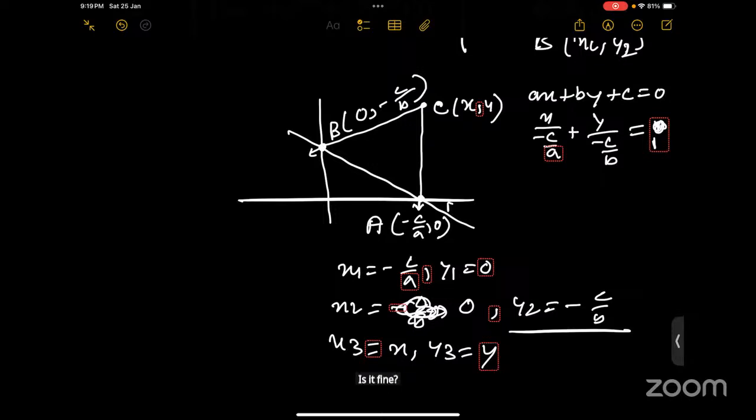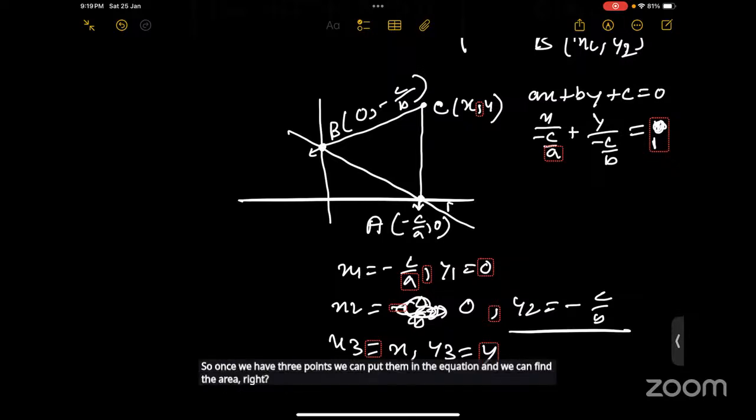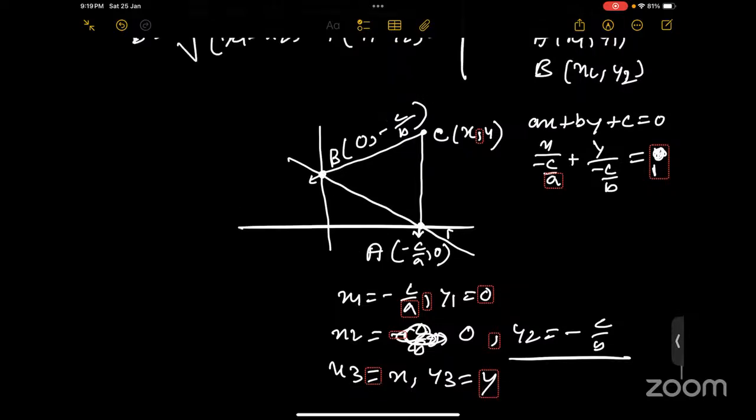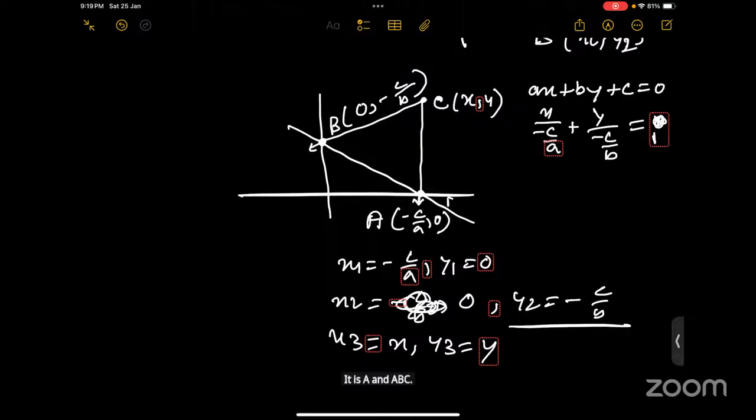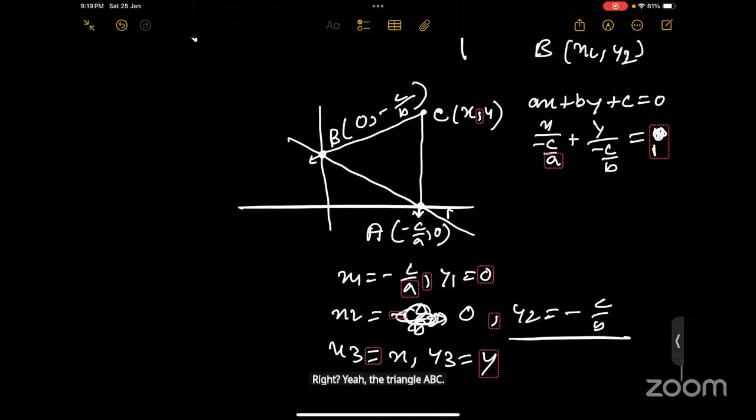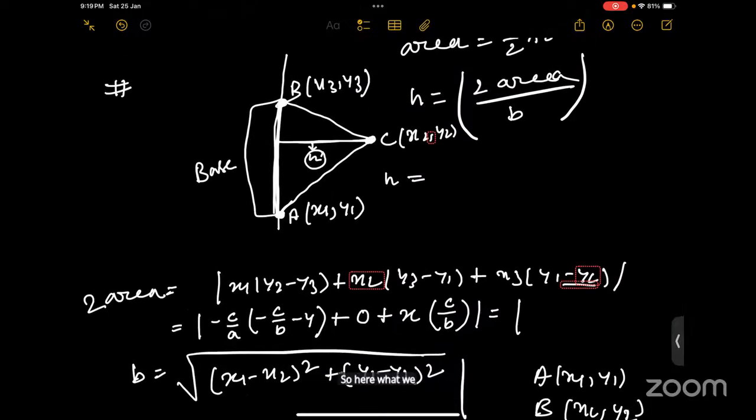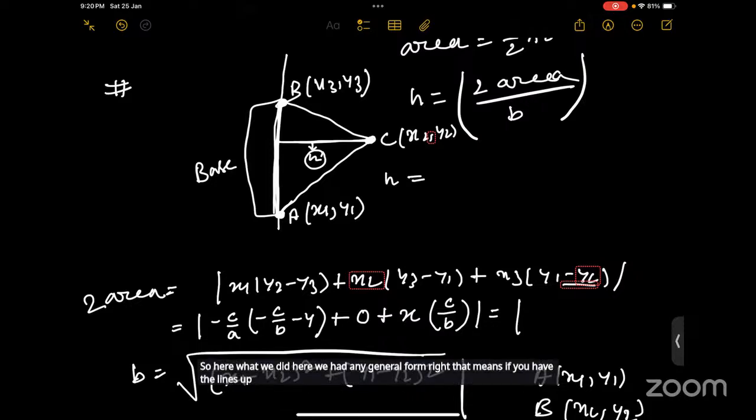We were trying to find the area of the triangle using 3 points. Once we have 3 points, we can put them in the equation and find the area, right? So it is the triangle ABC. Here we had the general form. That means sometimes you may have a line which may not cut the x-axis or y-axis.